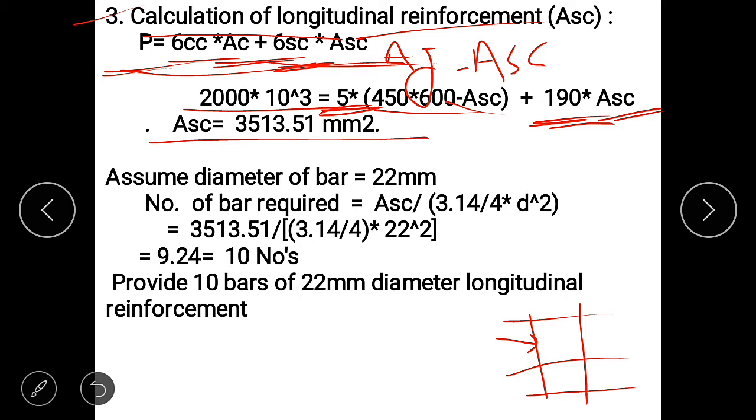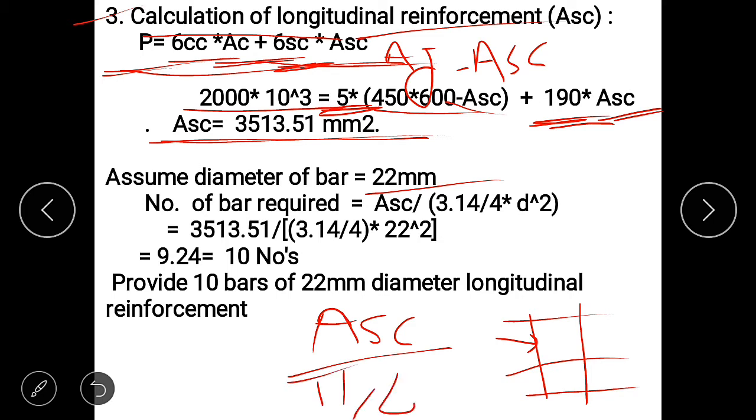So ASC is 3513.51. ASC is calculated. So now assume diameter of bar 22 mm. The diameter of bar assumed is greater than 12. So number of bars required. The formula to calculate number of bars is ASC divided by pi by 4 into d square. D we assume here 22.